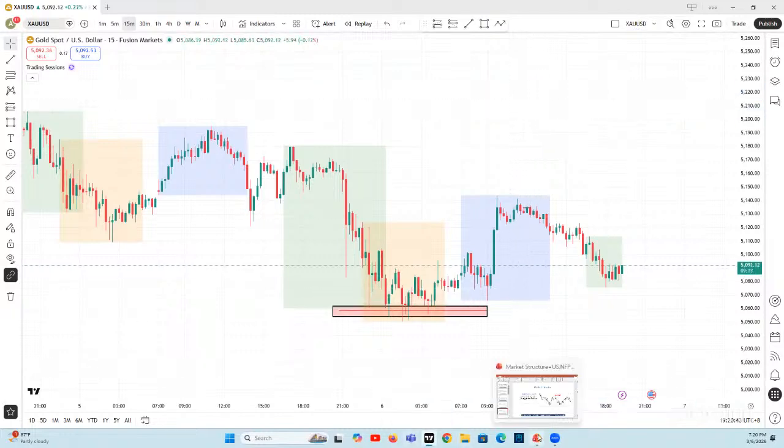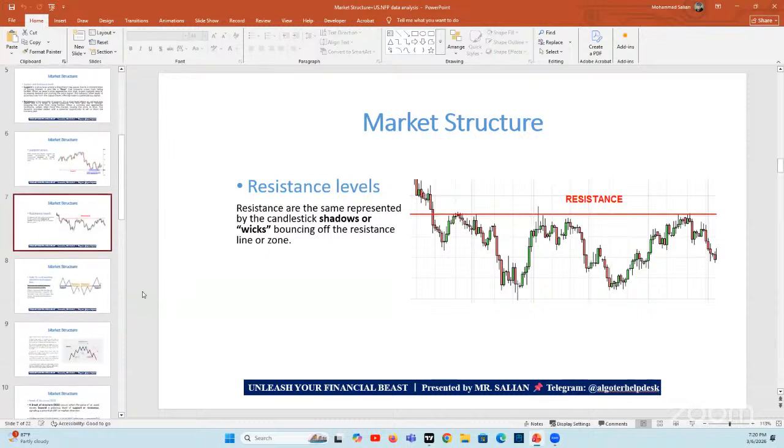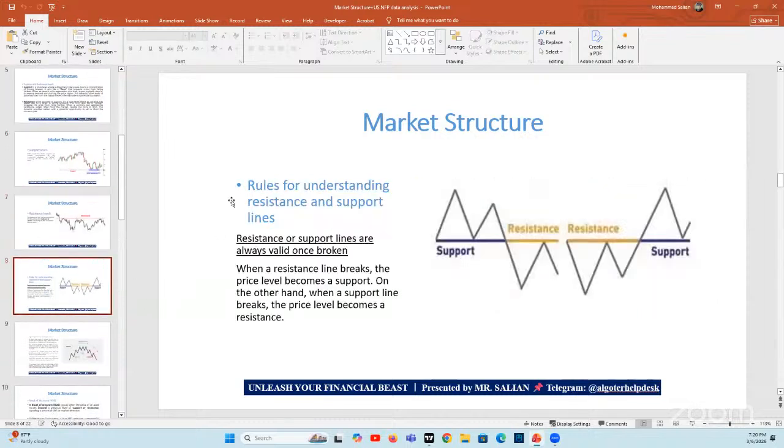Now, what else do we have? Rules for understanding resistance and support lines. Okay, resistance or support lines are always valid once broken. So at that time, it was valid. Okay, price cannot go, but sometime in the future, it broke this. When a resistance line breaks, the price level becomes a support.